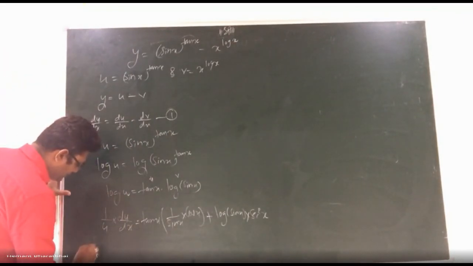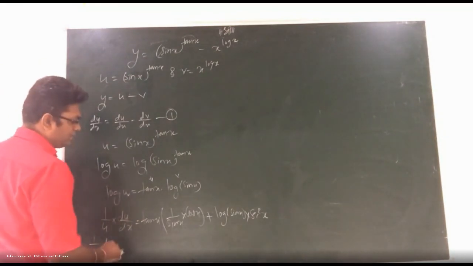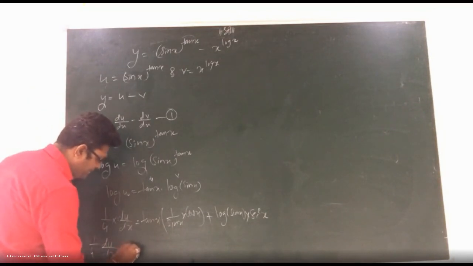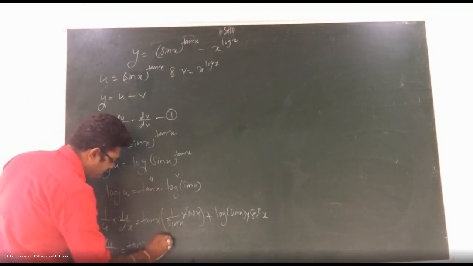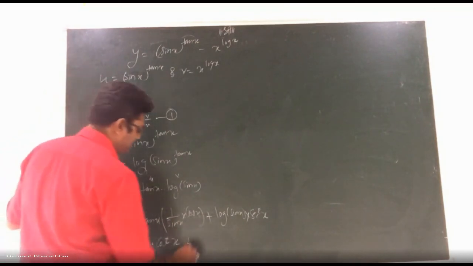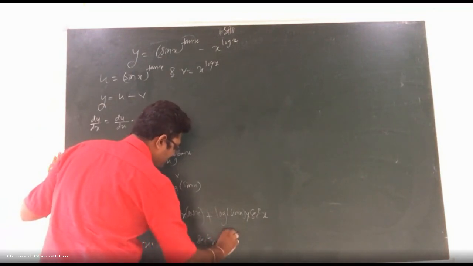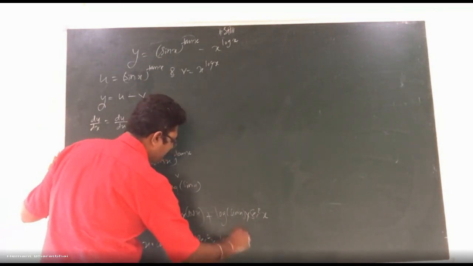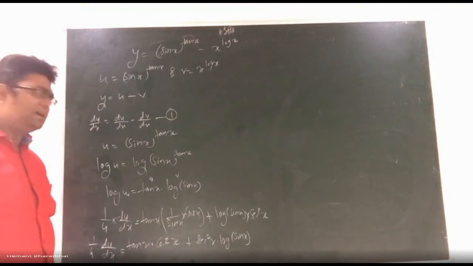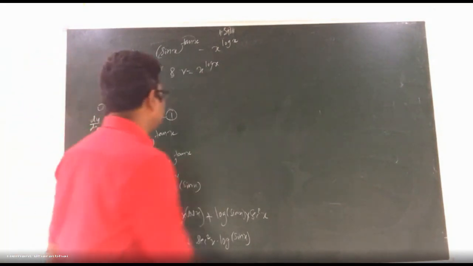Therefore I'll get 1 by u du by dx equals cos by sin, which is cot, so tan x into cot x plus sec square x into log sin x. Now cot x can be written as 1 by tan x, and therefore tan and cot cancel out each other and what will remain is 1.